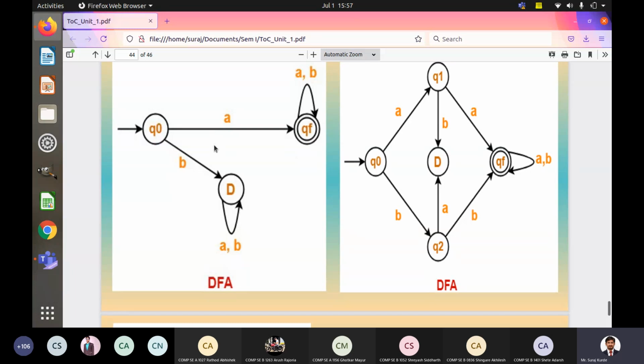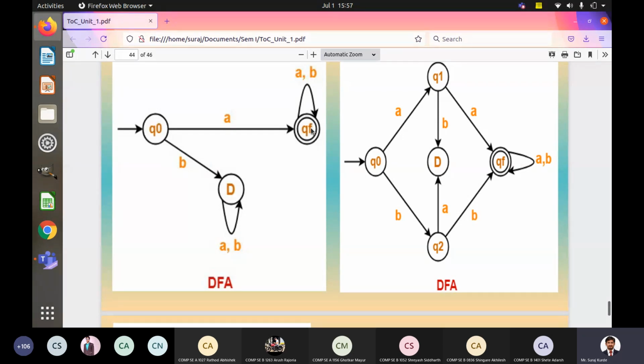Understand from here that for any input, the next state is fixed; there is only one next state for the same input. For current state Q0, if the input is a, it goes to state QF only.